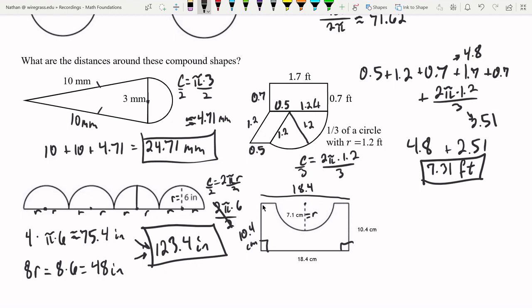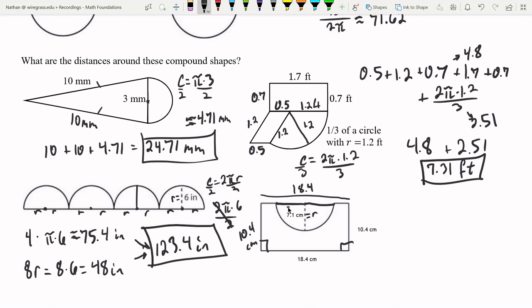Now for this side, we have to include this portion here, and this portion. These two portions really come from the fact that we know that the full distance is 18.4, and at the radius, this is 7.1. That means that this length here is 7.1, and this length here is 7.1. That's how a radius works. You can spin it all the way around the circle.